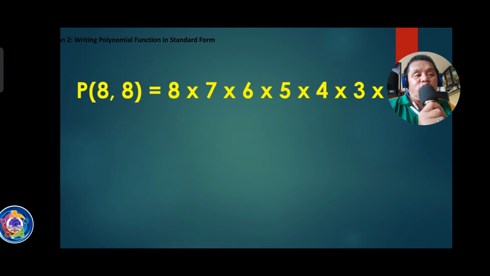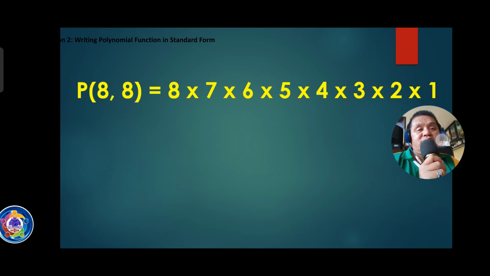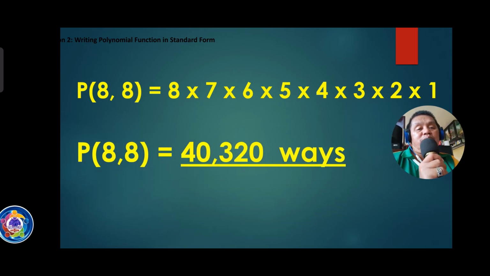8 factorial becomes 8 times 7 times 6 times 5 times 4 times 3 times 2 times 1. In your calculator, the permutation of 8 students taken 8 chairs at a time is equal to 40,320 ways.